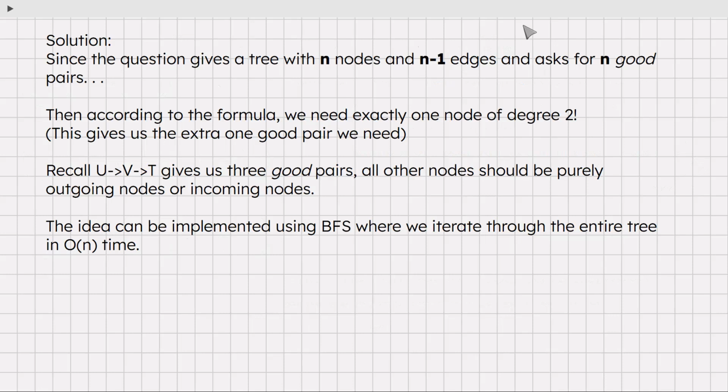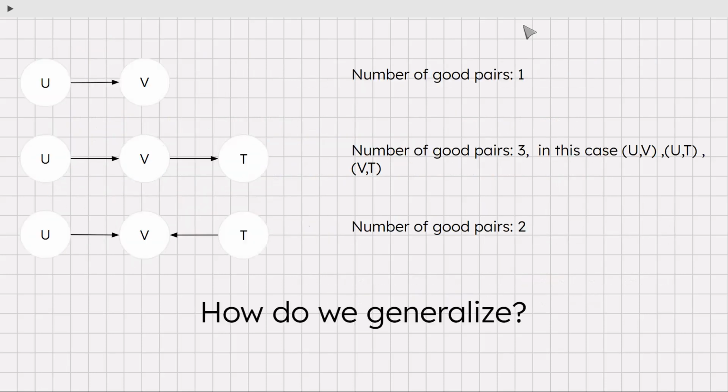So actually the answer is simple. We take k equals 2 and a equals 1, which is, interestingly enough, the second case that we've covered so much, but now I'm going to refer to it again because this is the crucial part in determining whether the tree is possible to yield n good pairs rather than, let's say, n plus 1, n plus 2, or some other amount of good pairs.